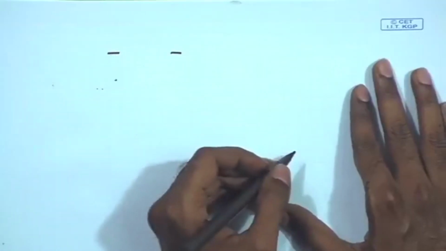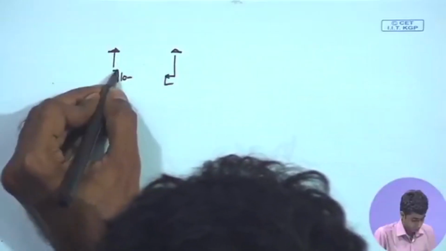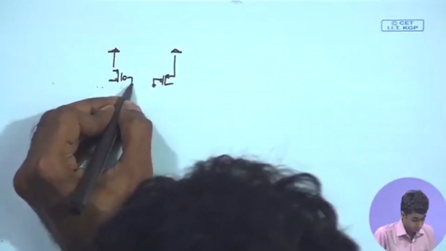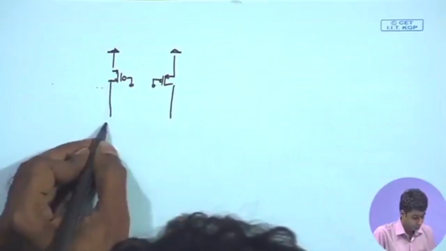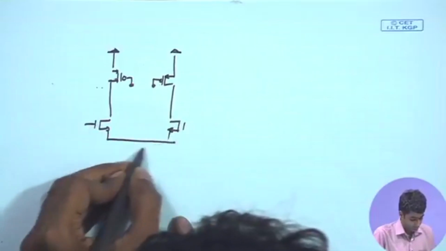Now, next we are going to look at the differential frequency response. Once again, coming back to our differential amplifier circuit, for the fully differential operation, considering the common mode to be DC, we are ignoring the common mode circuit.